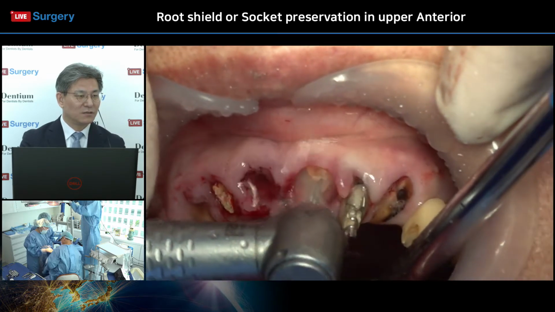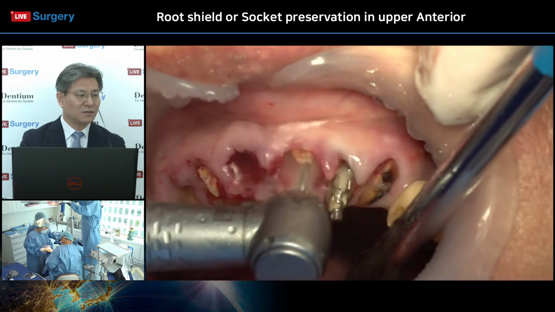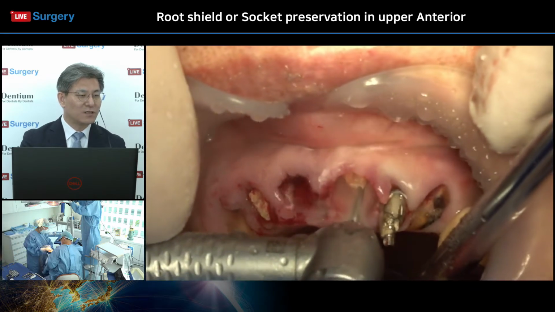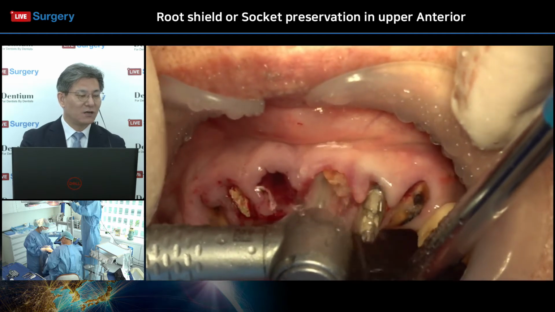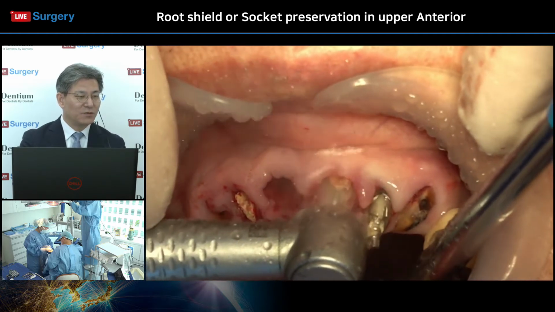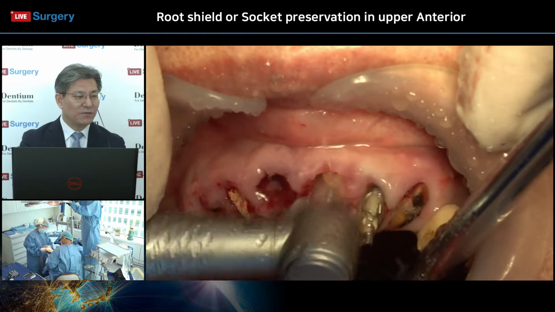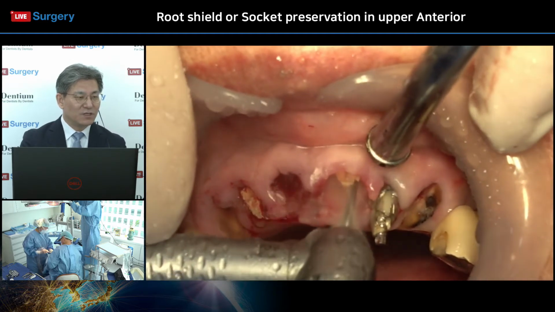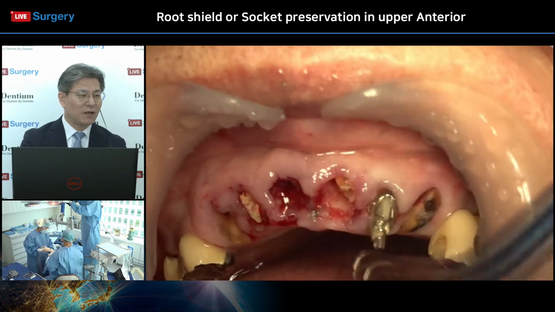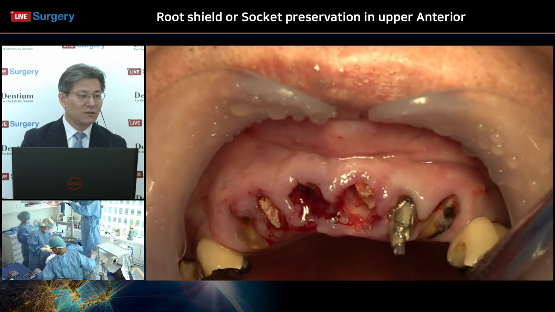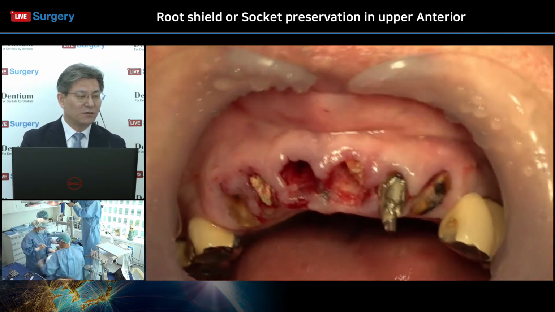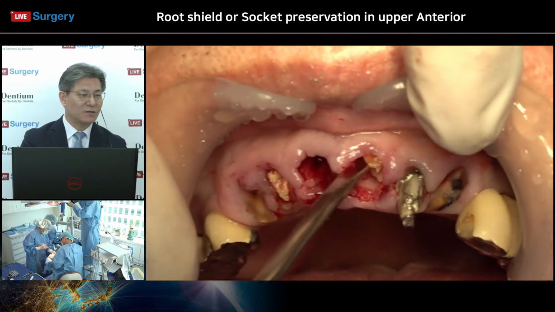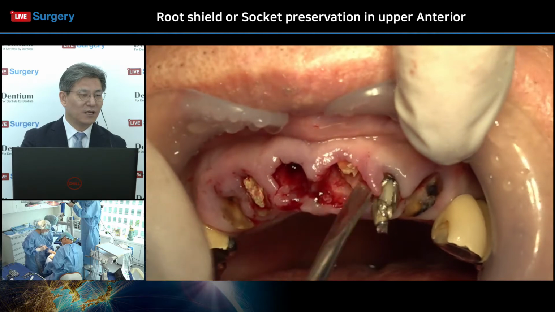When we use this high-speed Fisher bar, it always makes a channel from the medial to distal. The medial-distal channel is an important part to separate the remnant of the tooth. Okay, so after that, try again.